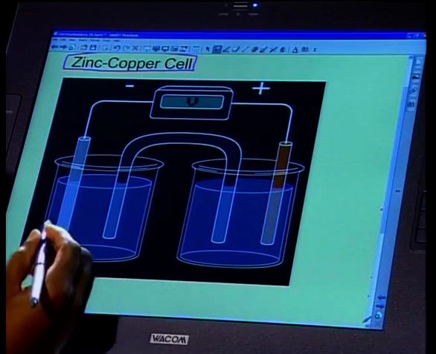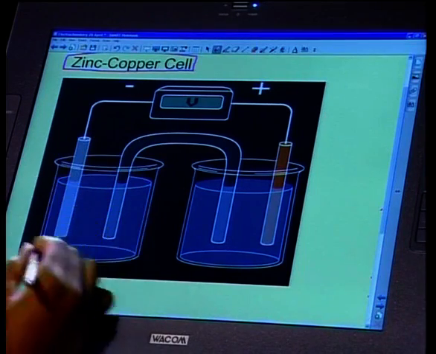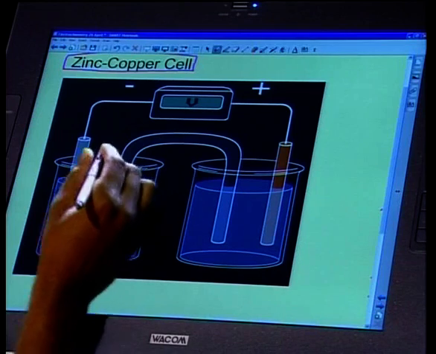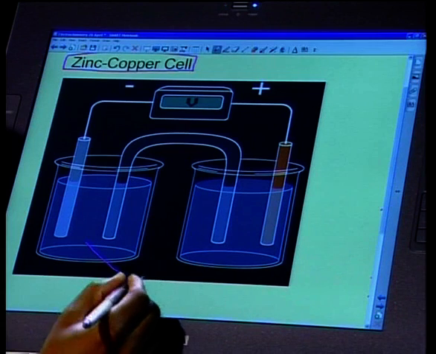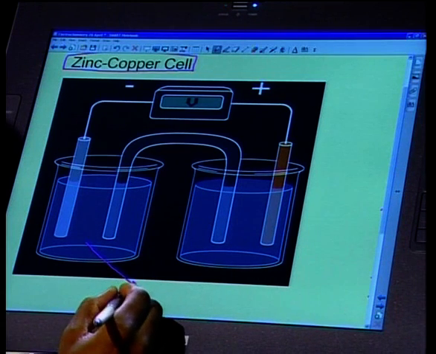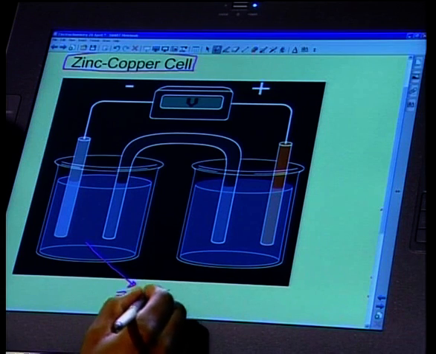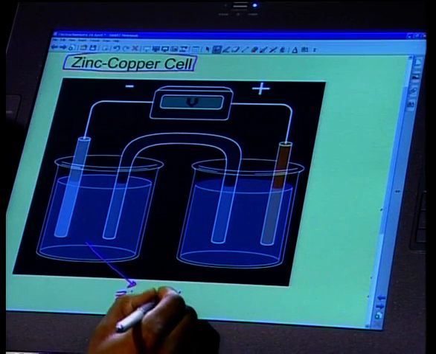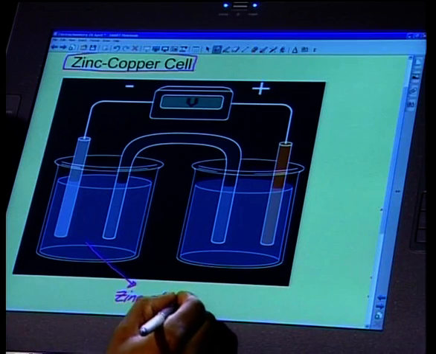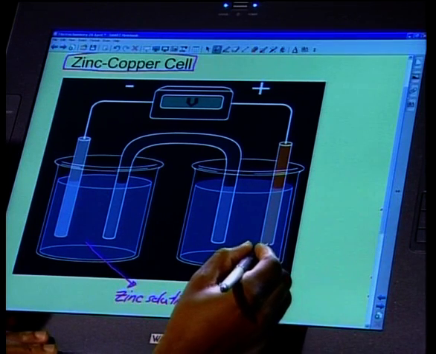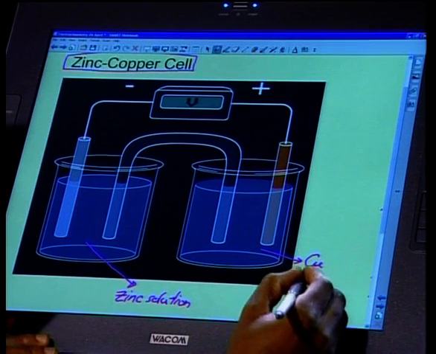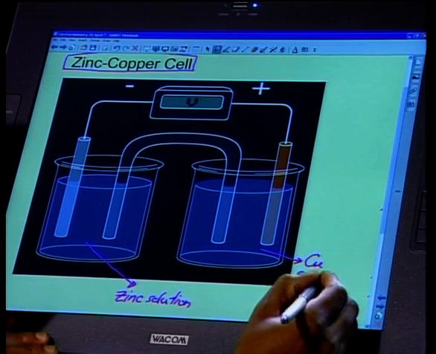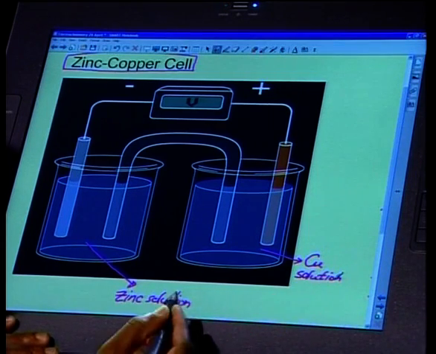Let's look at it. If one side is zinc, then inside here we're going to have a zinc solution. And on this side, we're going to have a copper solution, Cu solution. Allow me to abbreviate it for the sake of space.